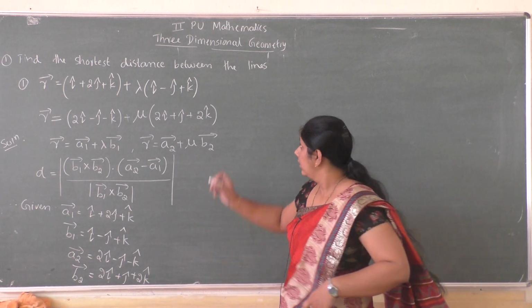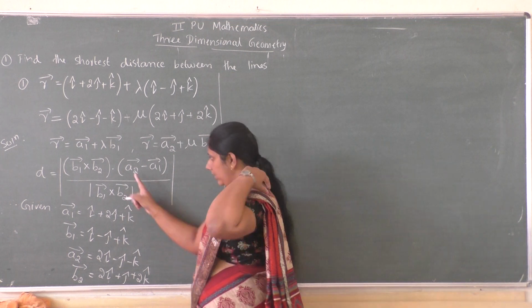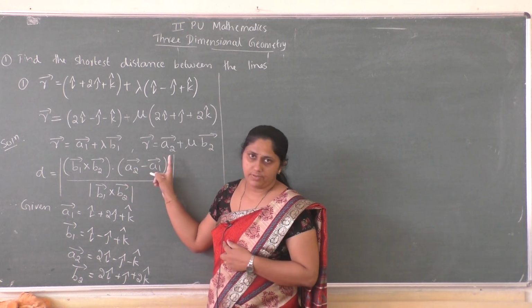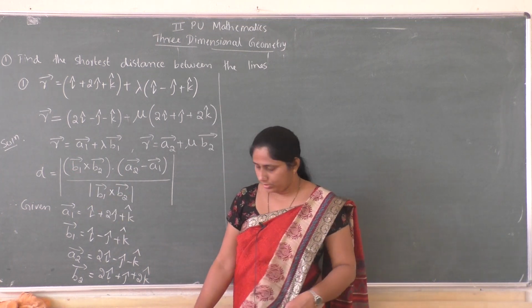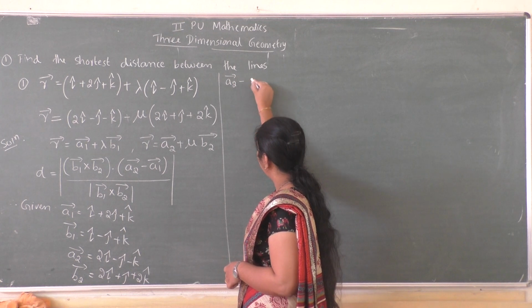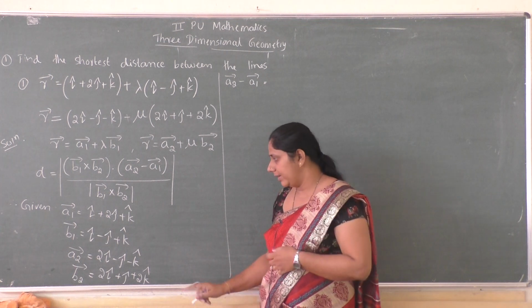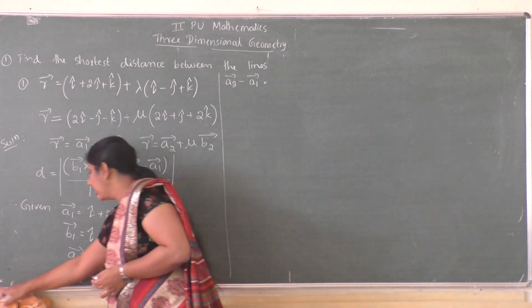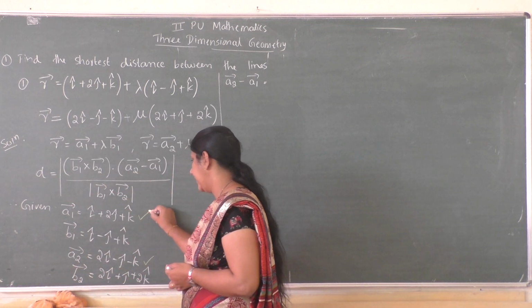Now, next what we have to find? We have to find a2 vector minus a1 vector, then b1 vector cross b2 vector. First I will find vector a2 minus vector a1. This one is vector a2 and this is vector a1.